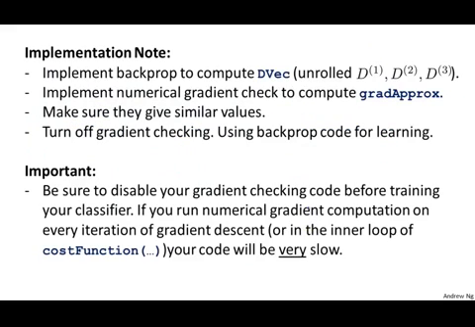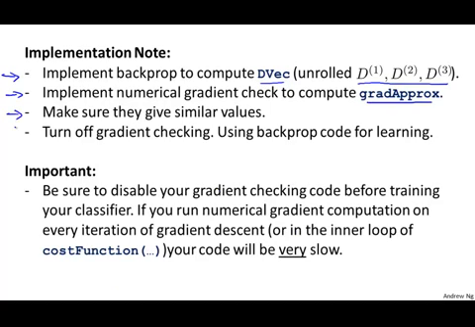Finally, I want to put everything together and tell you how to implement this numerical gradient checking. Here's what I usually do. First thing I do is implement backpropagation to compute DVec. So this is a procedure we talked about in the earlier video to compute DVec, which may be our unrolled version of these matrices. Then what I do is implement numerical gradient checking to compute gradApprox. So this was what I described earlier in this video in the previous slide.